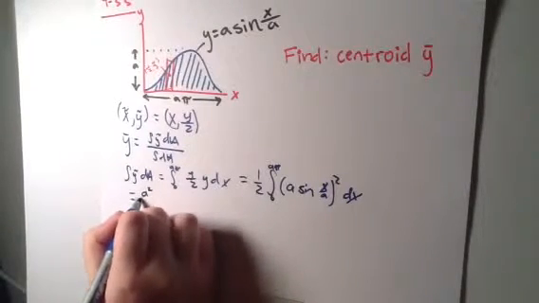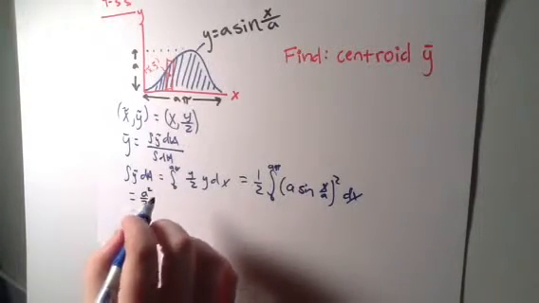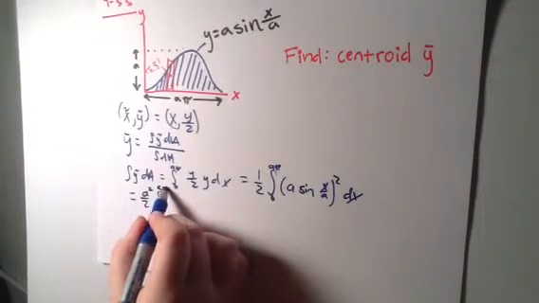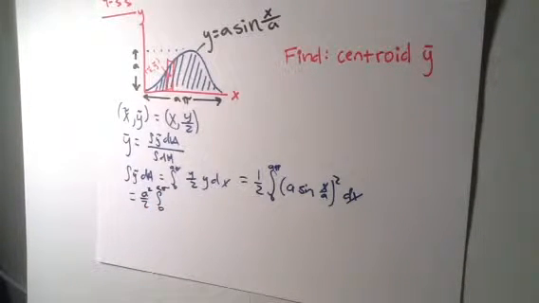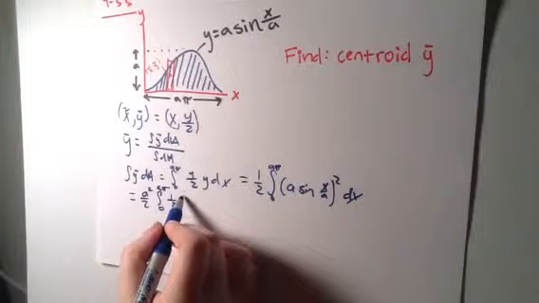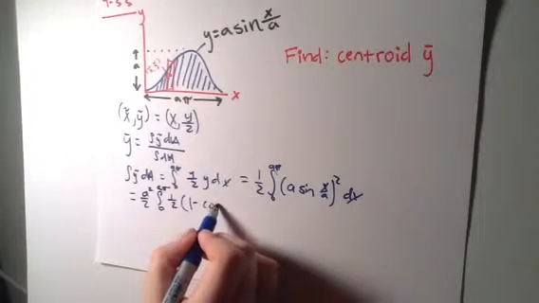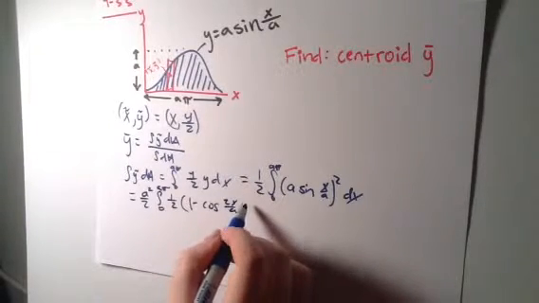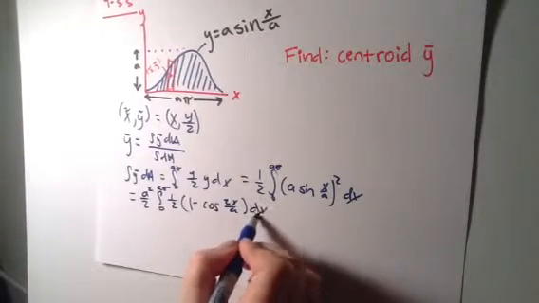a squared over 2 times the integral from 0 to a pi of (1/2)(1 minus cosine 2x over a) dx.